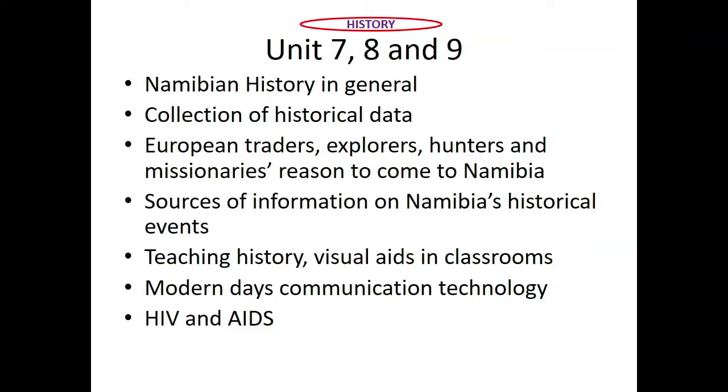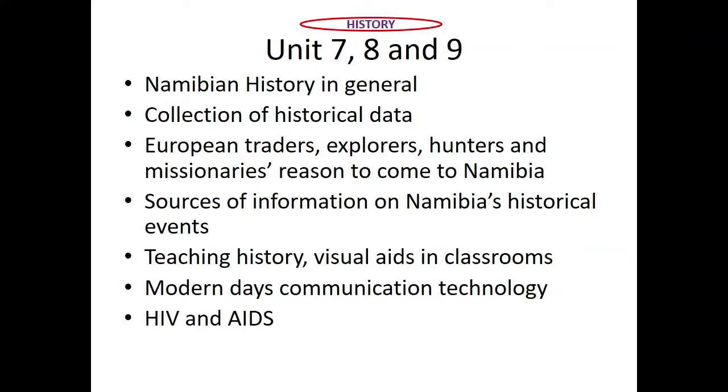Right. Now, as we move toward the last 3 units of our module, we are now getting to historical, or to understanding of history.